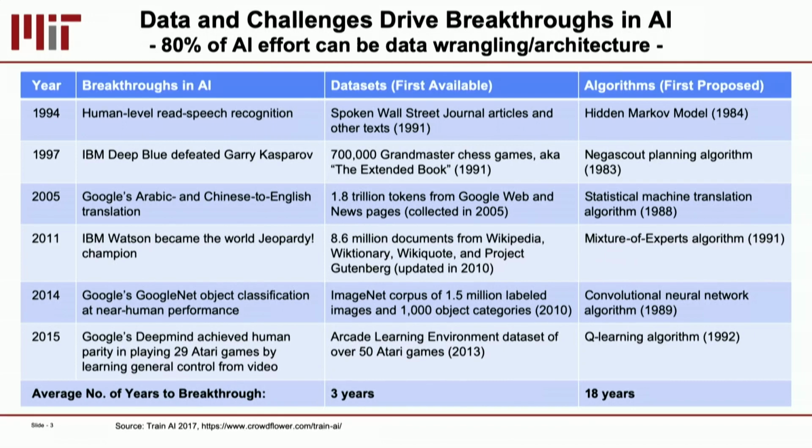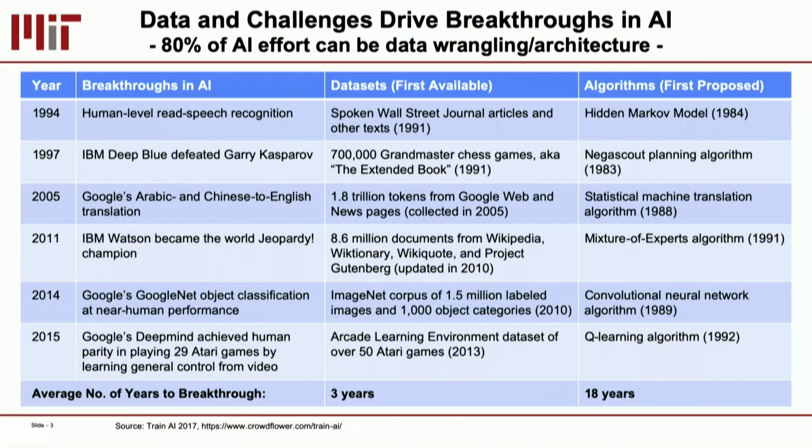And so that's kind of motivation for why data is so important to making progress in AI. The data is actually writing the program, as Vijay mentioned in the first lecture, and so having data is really important. And it has been often observed that 80% of the effort associated with building an AI system is data wrangling, or data architecture, as we call it.